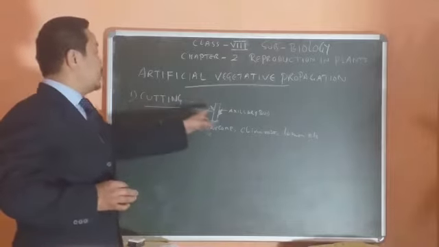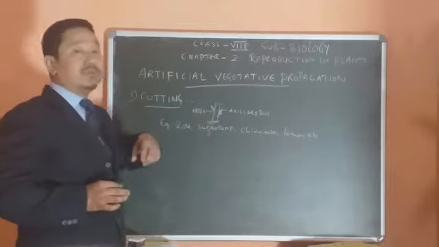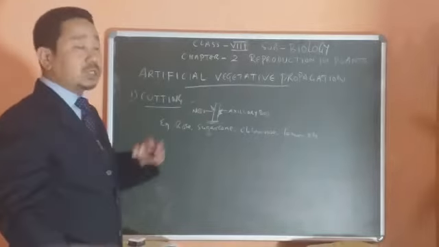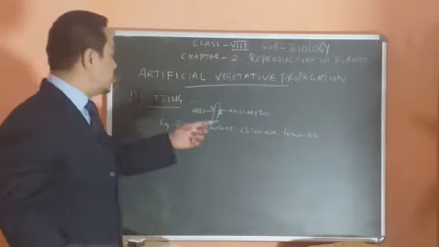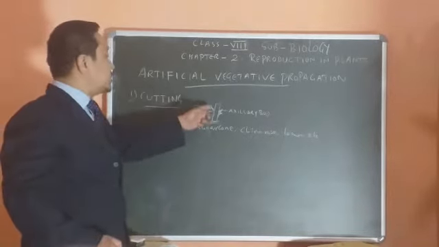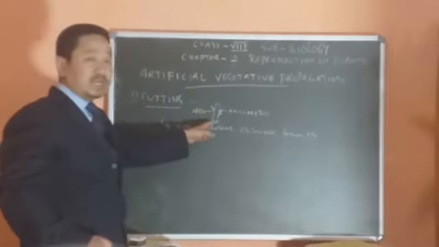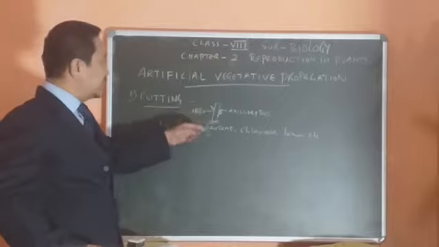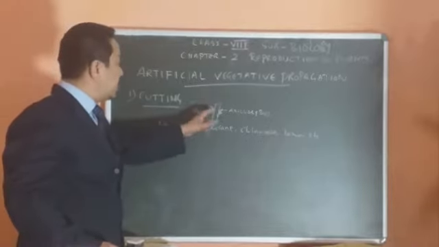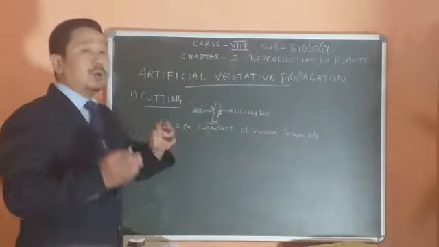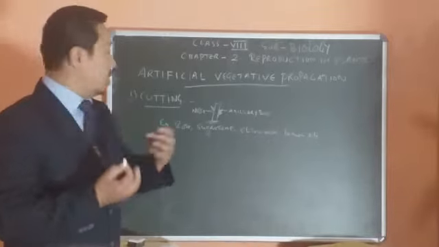Then this cutting will be ready to get transplanted. How can we come to know about the success of this cutting? When the rooting is taking place here, the new leaves will all be formed, they will all be growing.